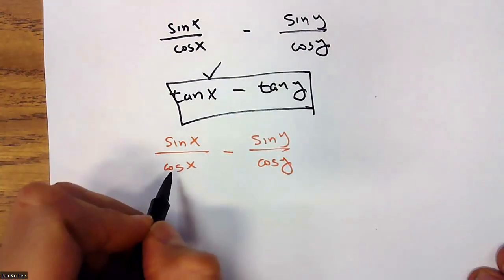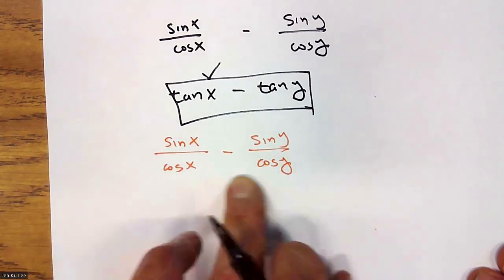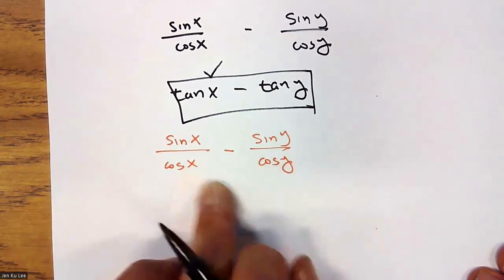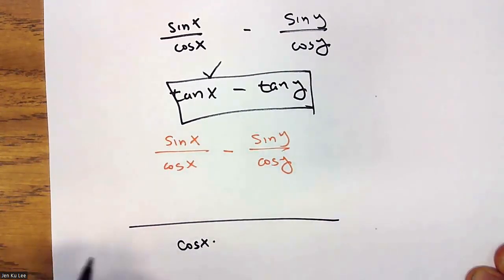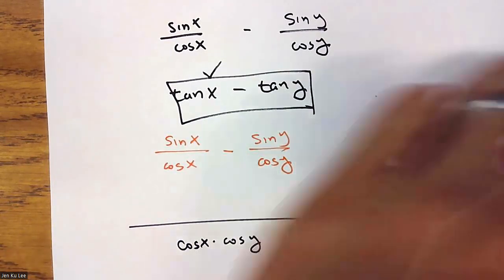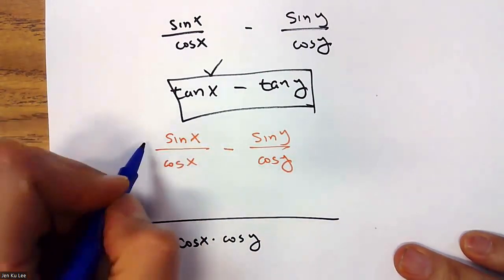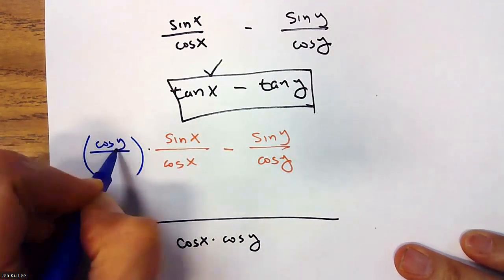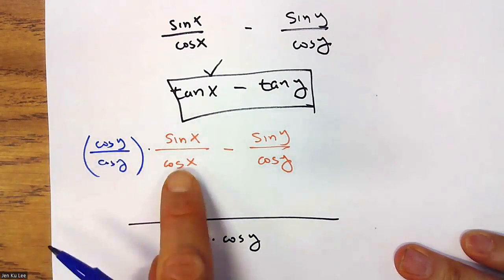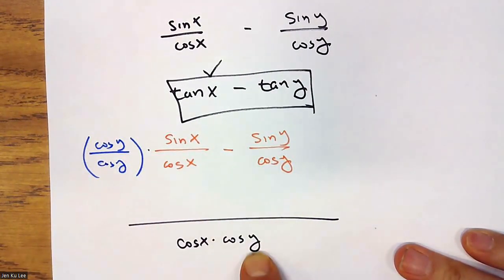So here, since I have two fractions, I can come up with my common denominator, which would be cosine of x times cosine of y. So in my left fraction here, I need to multiply this by cosine of y over cosine of y. Cosine of x times cosine of y is cosine x cosine y.